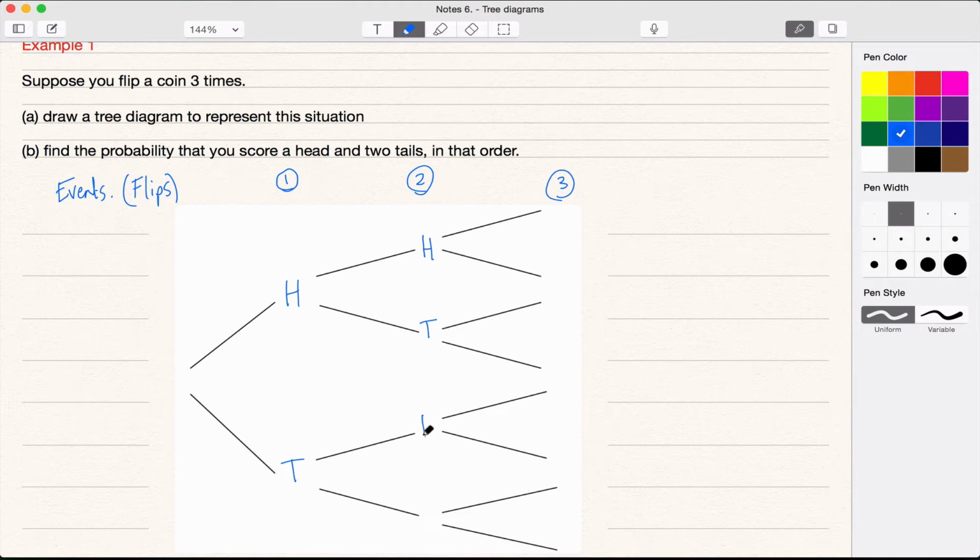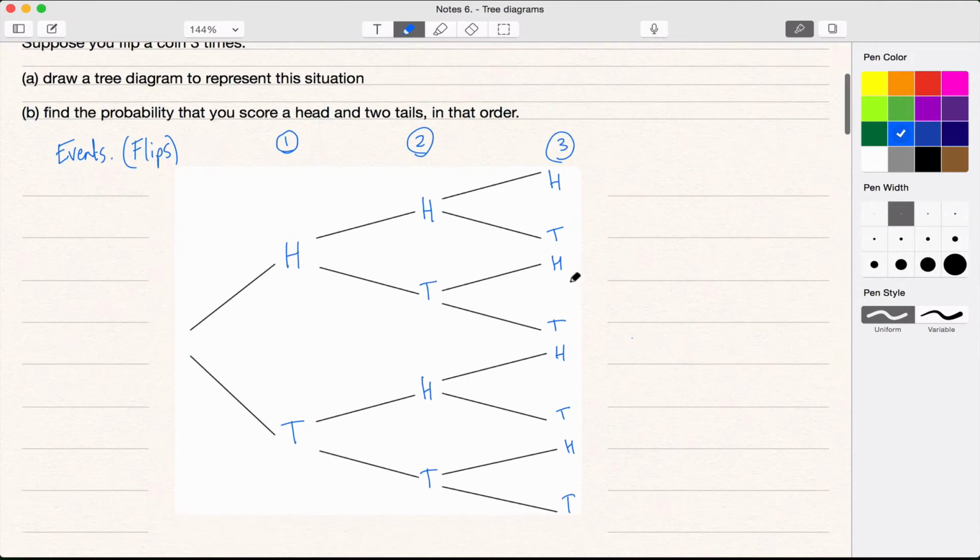After I get tails, I could get heads or tails. And here again, you might be noticing the pattern now. Tree diagrams are really useful for showing all the possible options as well, if you're trying to find the full sample space and make sure that you haven't missed out any options.